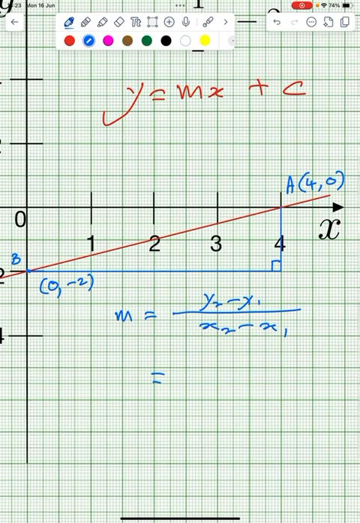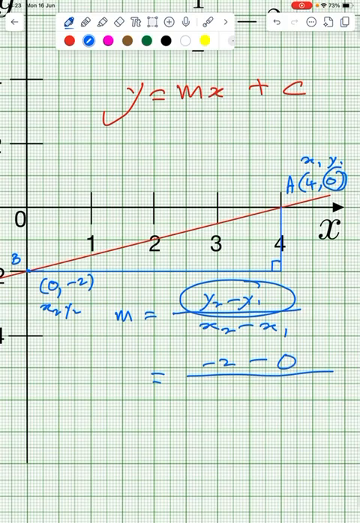Since this is x1, y1, and this will be x2, y2, using the formula, y2 is negative 2 here, minus y1, y1 is 0, and x2 will be 0 here, minus x1, which is 4.